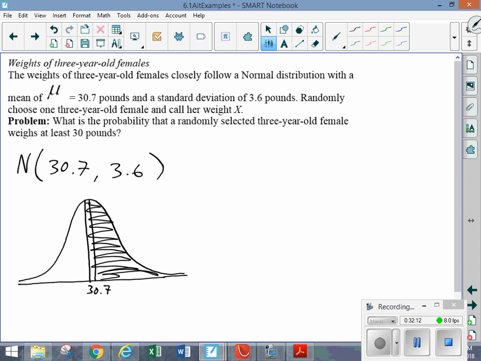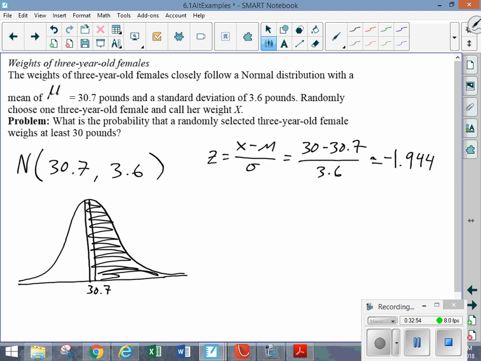So, remember how to do this? Remember, z is equal to x minus mu divided by sigma, which in this case turns out to be 30 minus 30.7 divided by 3.6, which gives us a standardized value of negative 0.7 divided by 3.6, which turns out to be negative 1.944.